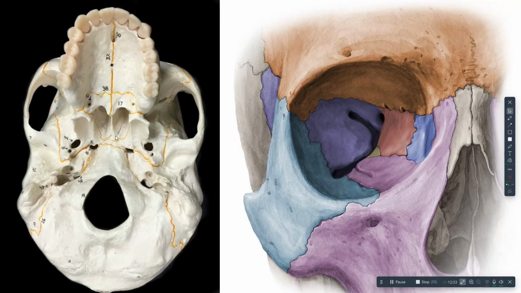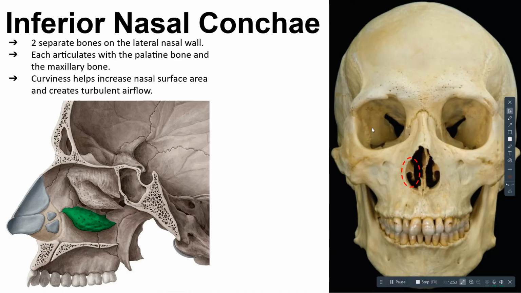Really wanted to show you how the palatine bone contributes to the oral and nasal cavity, but also comes up, and you see this little tannish, goldish guy right there. That is the palatine bone coming up and helping form a little bit of the orbit. And now we're done the palatine bones. We've got 5 bones down, 9 to go.